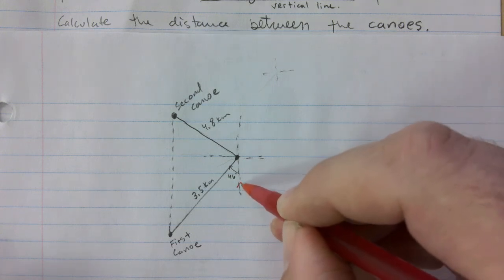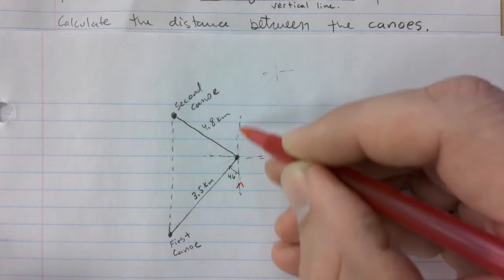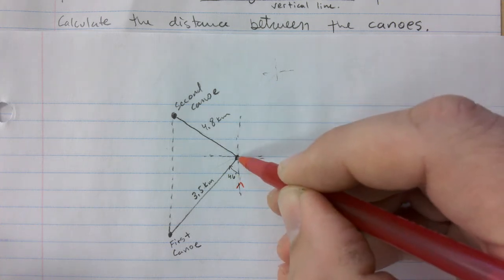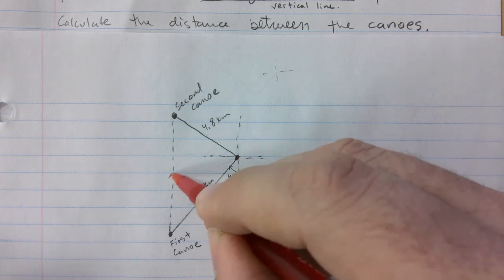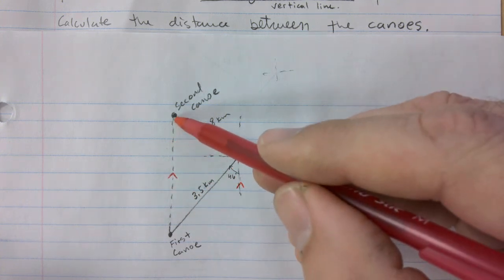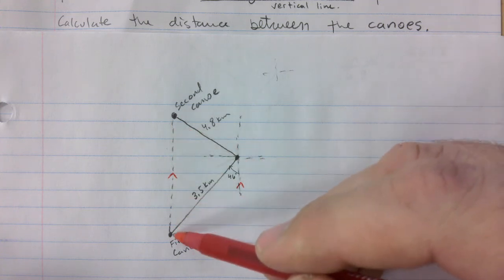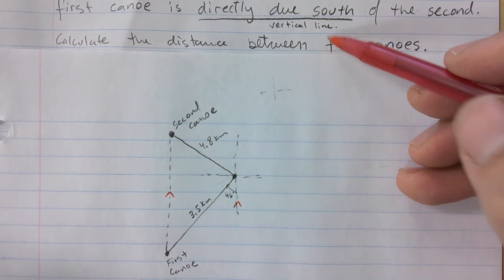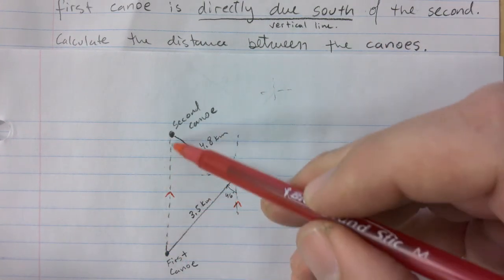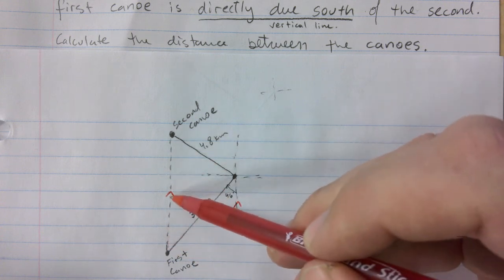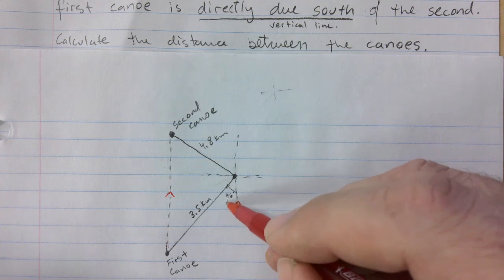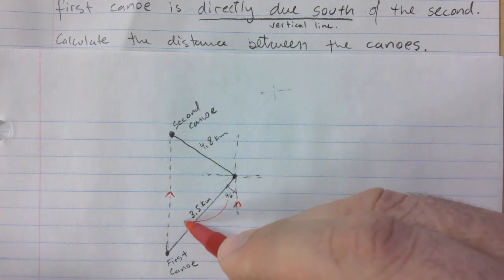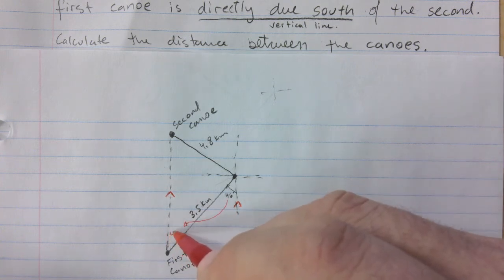We know that this line, which is the north-south line, which is here by the dock, is parallel to this line. And we know that because they told us that this is a vertical line by saying that one is due south of the other. We know that this is a vertical and we know that these two are parallel. Okay. Therefore, this 46, thank you very much, right, comes in here.